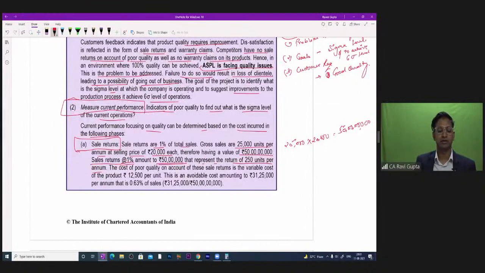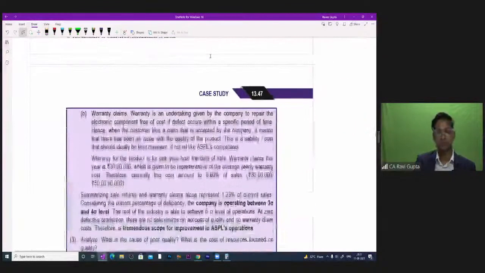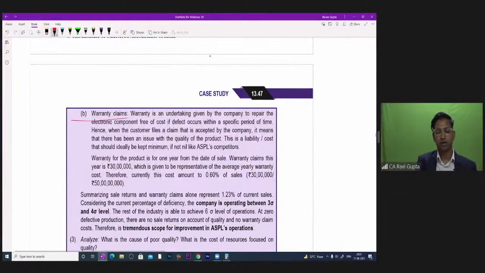Definitely the cost of sales return will be taken at the variable cost, because we have to replace it again. So it will be the variable cost, that is 12,500 per unit. So this is an avoidable cost amounting to 31,25,000 per annum, which is 0.63% of the sales. That is 31,25,000 divided by 50 crore, 0.63% of sales. B, warranty claims.